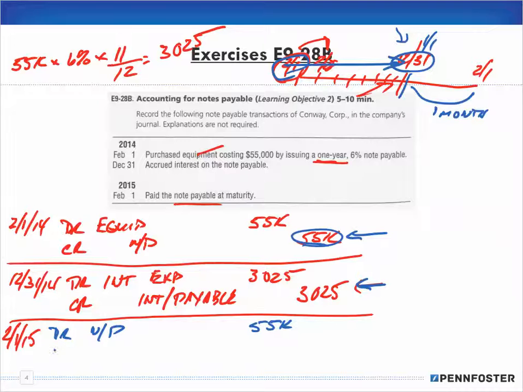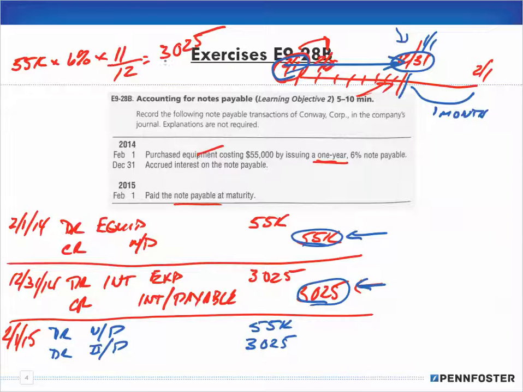That's a credit, so I have to debit my interest payable for the 3,025. So the 3,025 and that 3,025 wash each other out.